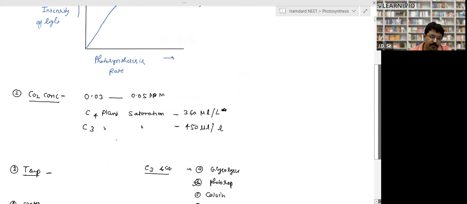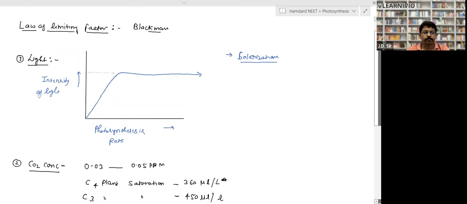The second thing, if you want, please note it down: solarization. The term is solarization.